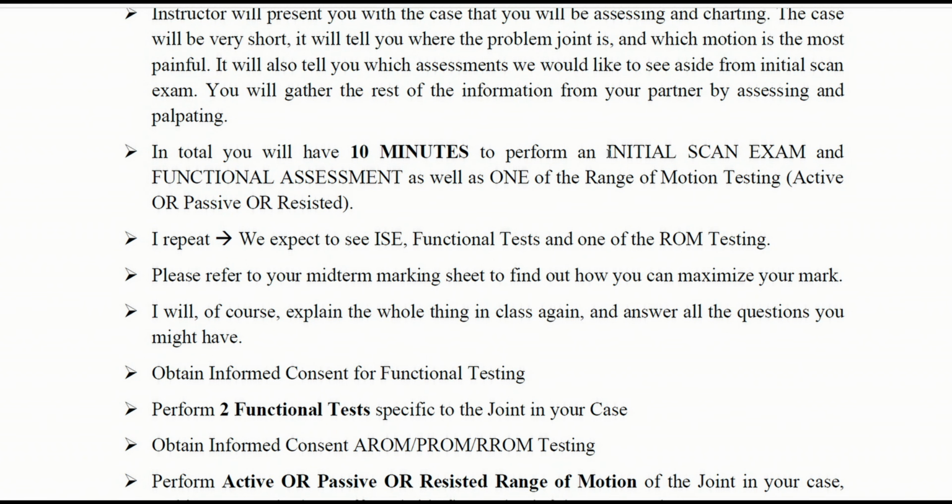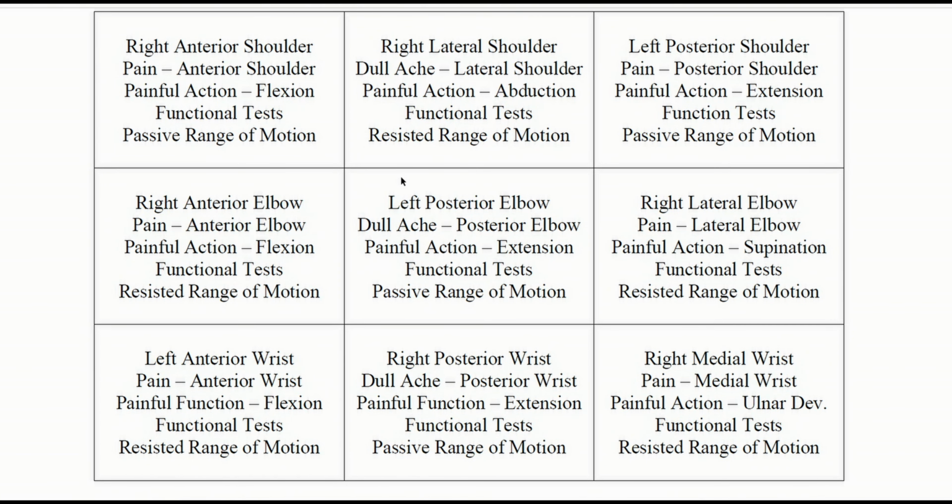So you're expected to do an initial scan exam to start, okay? You have to start with the initial scan exam. Do not jump into functional assessment. Functional assessment follows, okay, after the initial scan exam. As you know already, we only require you to do 2 functional assessments.